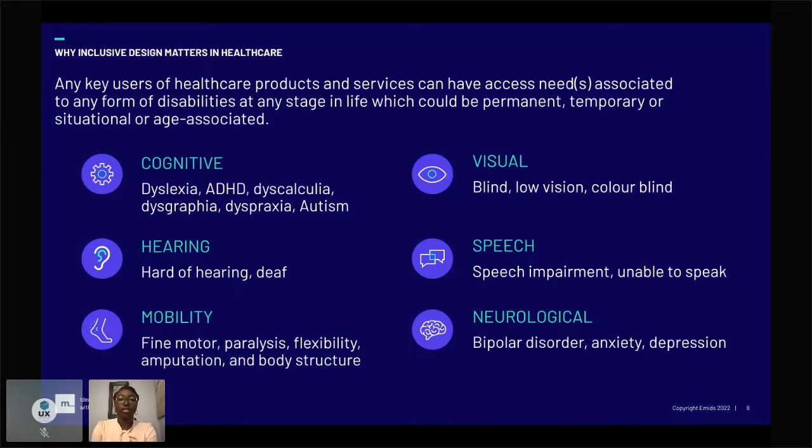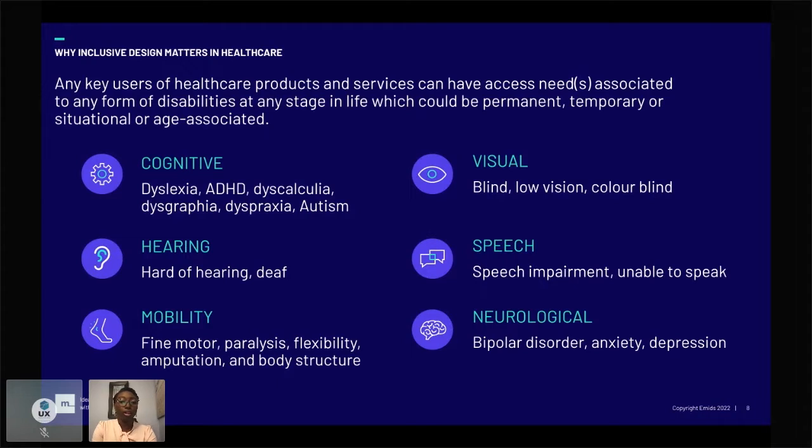I would like to give an example. So we could have people with mobility disability, hearing disability, vision disability, speech disability or cognitive disability. I would like to illustrate with someone that is deaf.